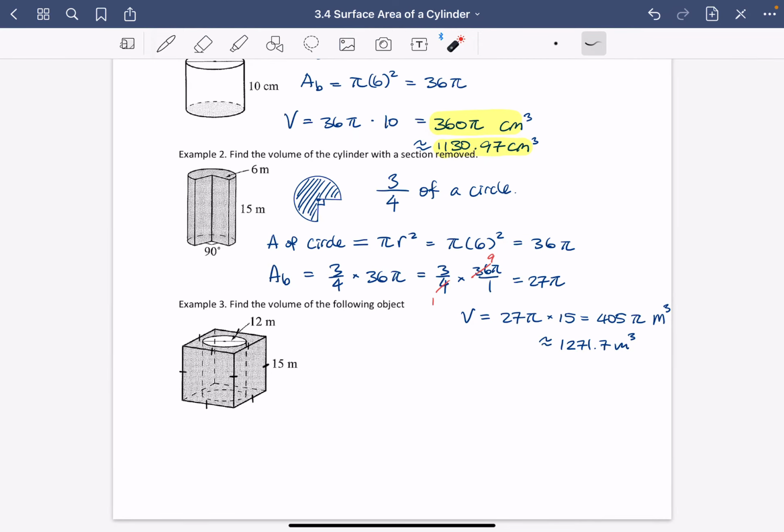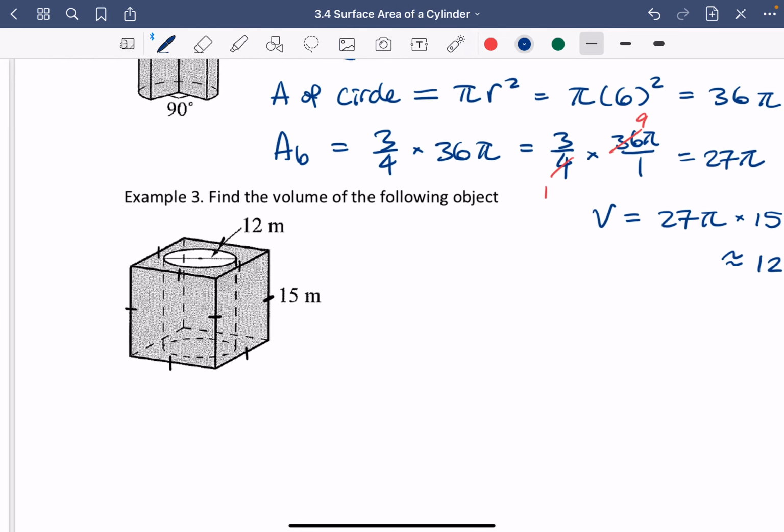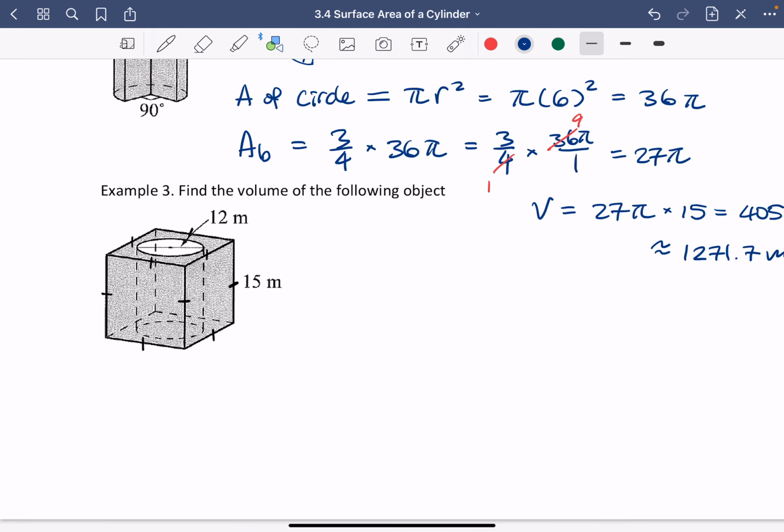Okay. So how do I find the volume? Volume is equal to area of the base times by height. So what does the base look like? Well, if you imagine the top view of this object, you'll see a square with a circle in the middle.